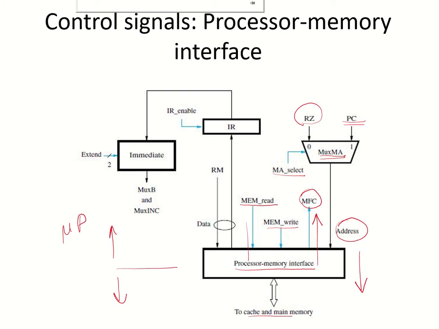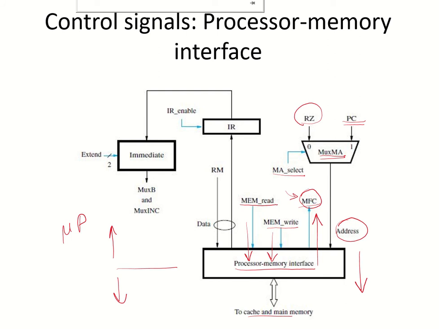While these memory read and memory write signals are being sent to the memory unit, after the memory operation is complete, it will send a memory function complete signal, which will be received by the processor. Till this memory function complete signal is received, the subsequent stages are put on hold if any memory access was required.